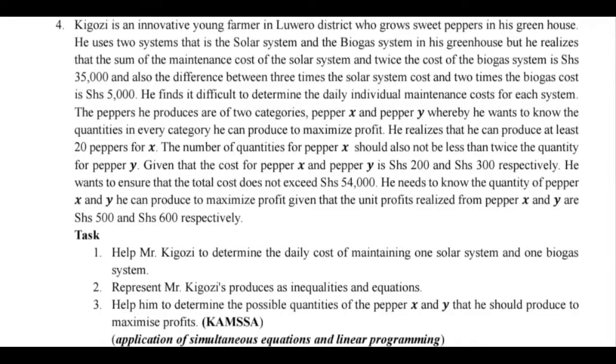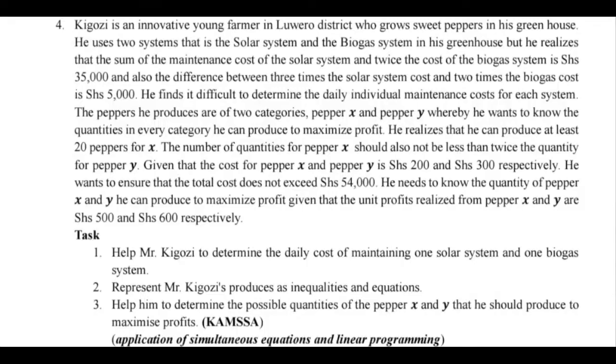He finds it difficult to determine the daily individual maintaining cost of each system. The papers he produces are of 2 categories, paper X and paper Y, and he wants to know the quantities in every category he can produce to maximize the profit.